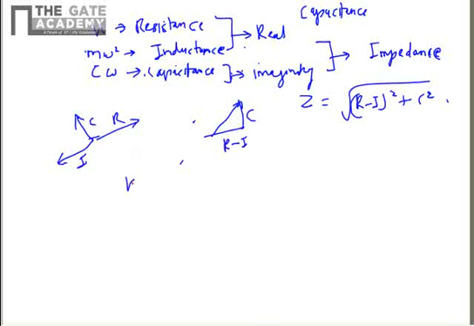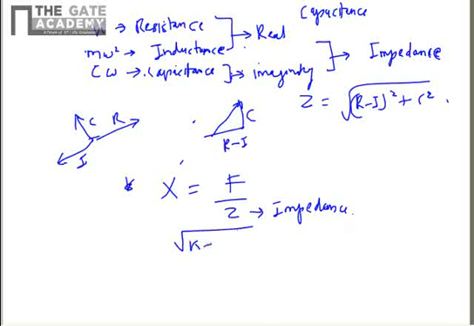So we get X equal to F by Z, which is the impedance. The impedance can be given by this quantity in the mechanical case: the square root of k minus m omega square whole square plus c omega whole square. And the phase is the phase between the resistive and the capacitive component of the final output.